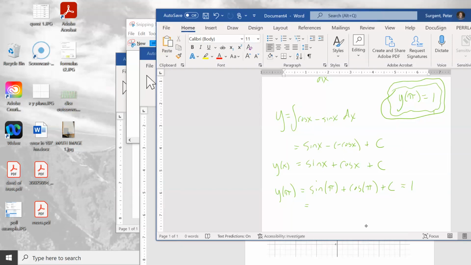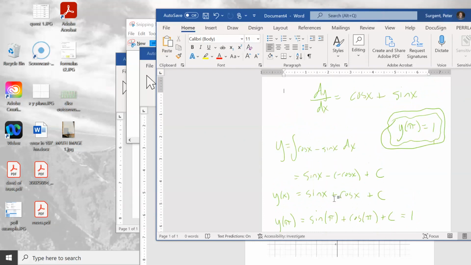Cosine of pi, -1, plus C equals 1. So 0, or 2, sorry. 2 sounds like we agree with 2. Does that make sense? Who's got questions?